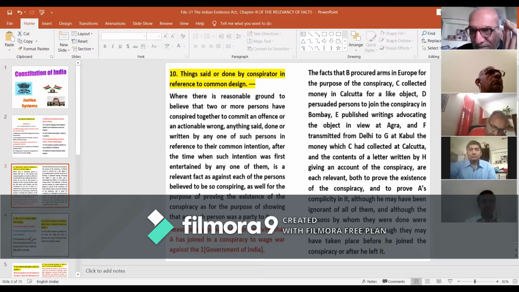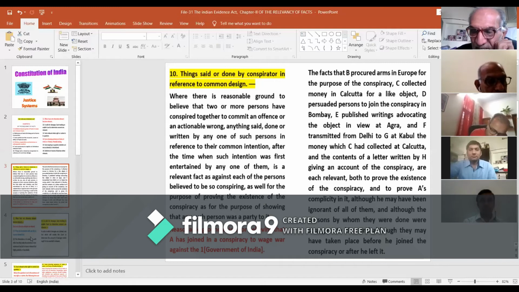But this is one aspect, to prove whether or not a particular person is a party to the conspiracy. Then whether or not conspiracy was hatched, and what was the common intention.